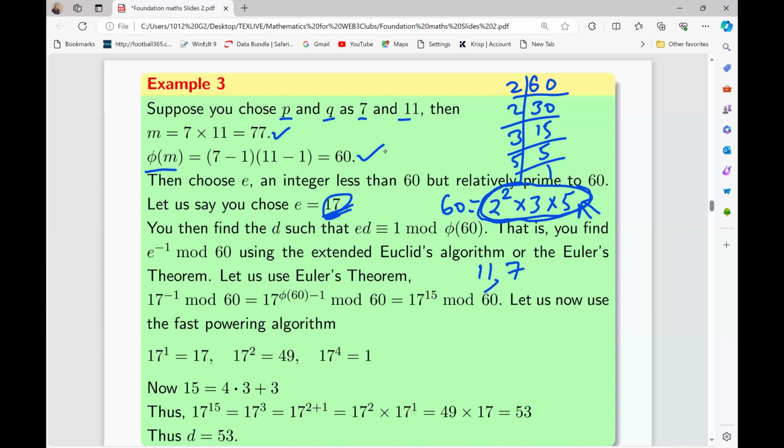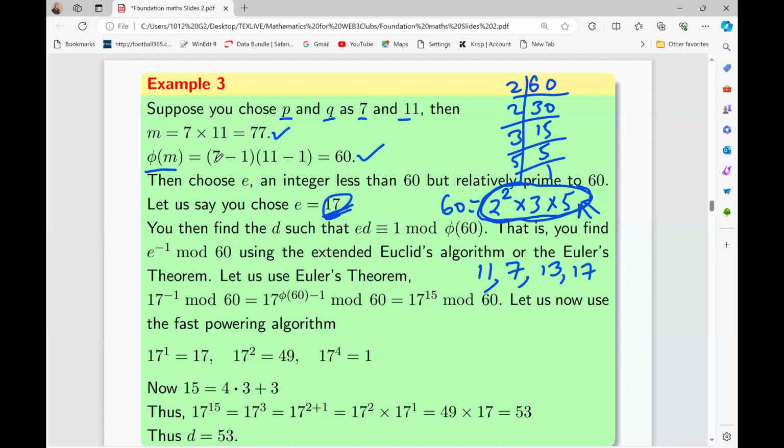But not 4, not 6, because you can see 3 can go into 6, 2 can go into 4. I cannot choose 9. I cannot choose 10, because 5 can go into 10, 2 can go there. I could even have chosen what else? Even 13, even 17, and so on.